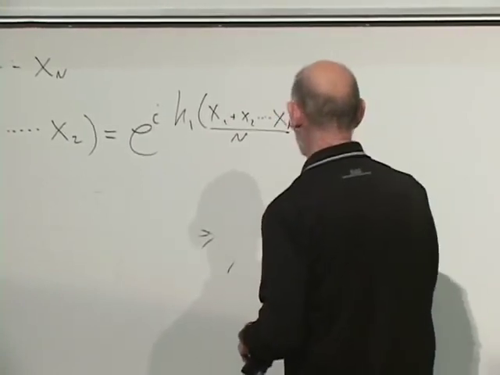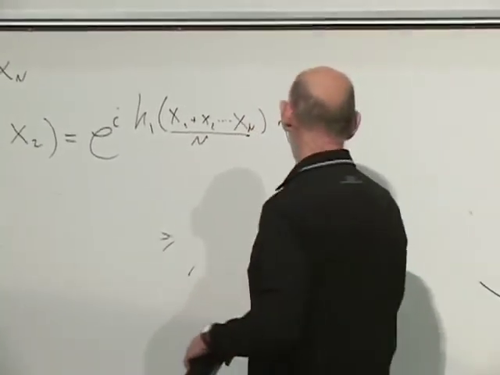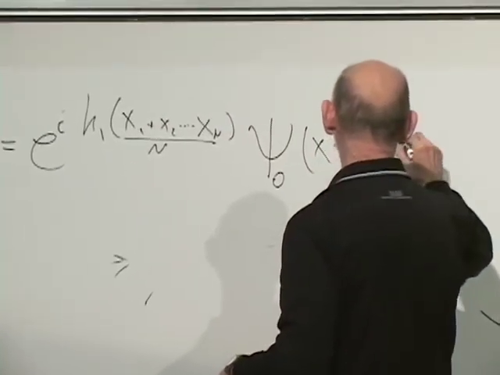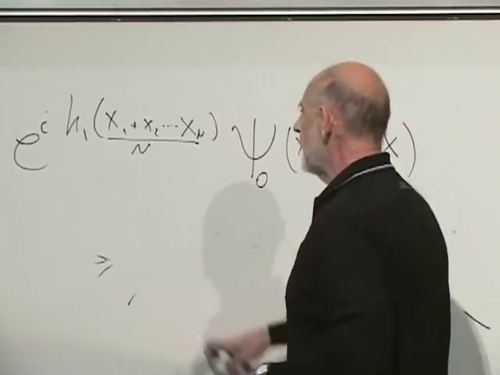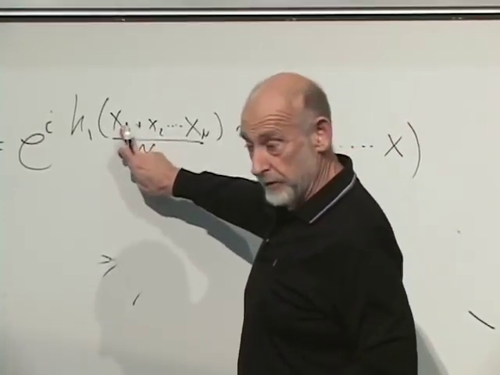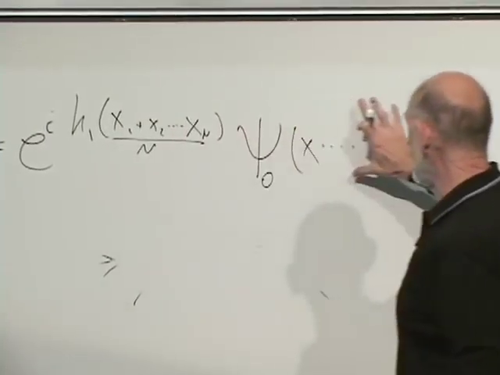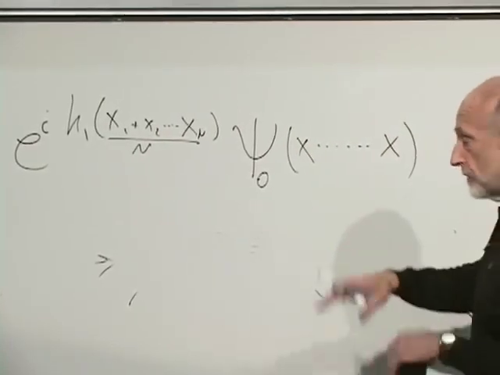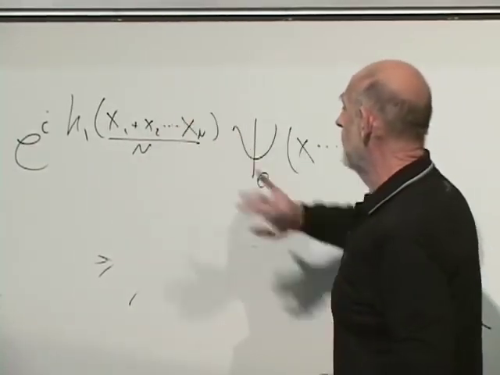It's some wave function, let's call it psi naught for ground state, and it depends on the same x's, but it actually doesn't depend on the sum of them. The differences of x's here, neighboring x's and so forth, not the sum of them.